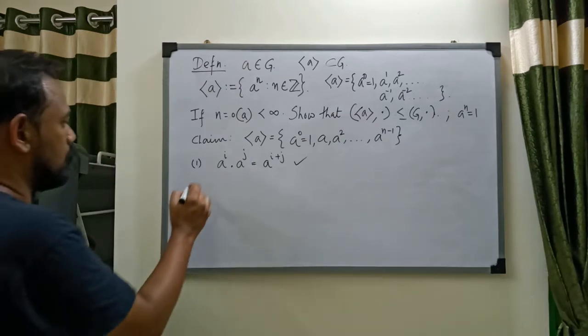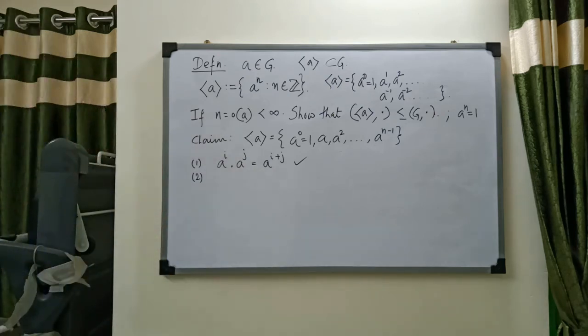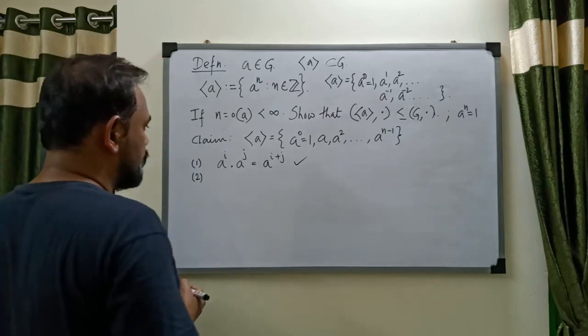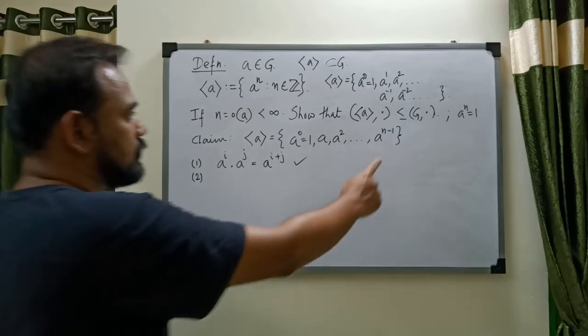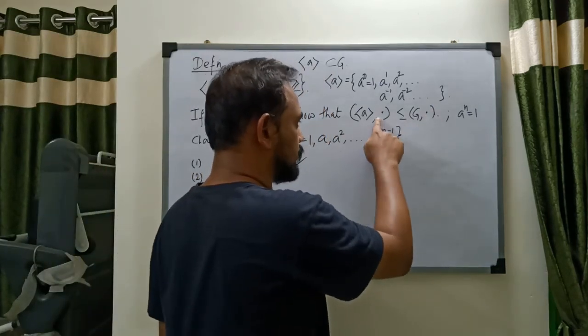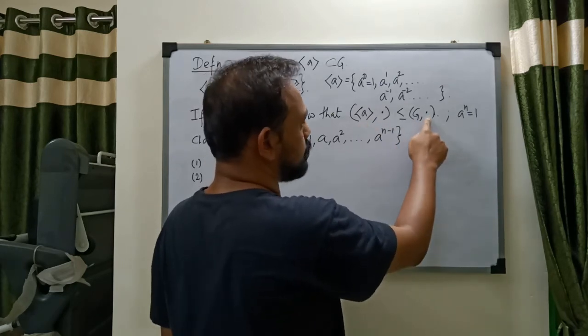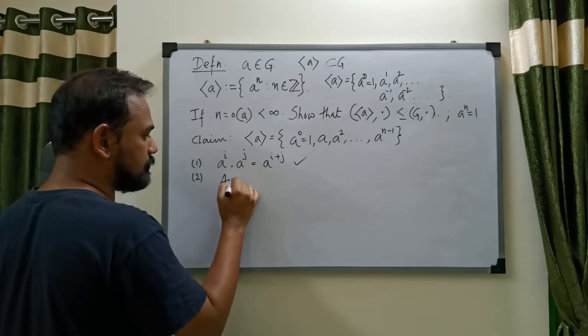What about the next one, associativity? Associativity is always true because we have restricted this binary operation from G to this new subset, and it was associative there, so it should be associative here.